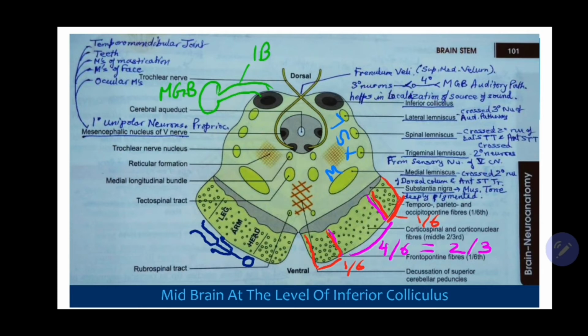When they ascend into the brainstem, in the medulla, they are called the spinal lemniscus, right? So they are carrying pain and temperature sensations from the opposite half of the body, and they have crossed at the very same spinal segment. Okay.